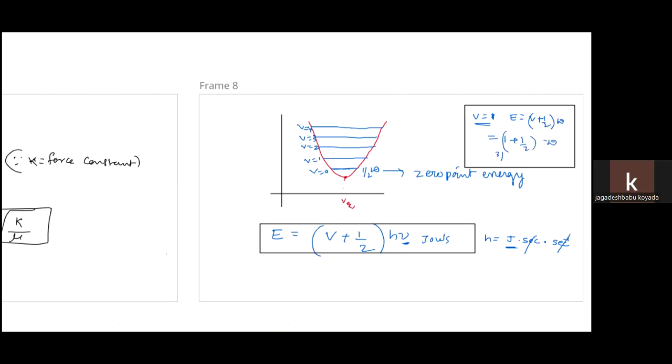Next, V is equal to 2: E is equal to 2 plus half omega bar, which is 5 by 2 omega bar. Then 7 by 2, and for V is equal to 4, 8 plus 1, 9 by 2 omega.